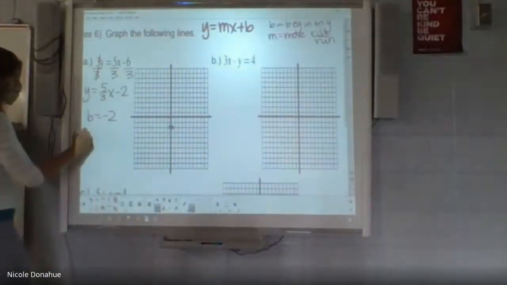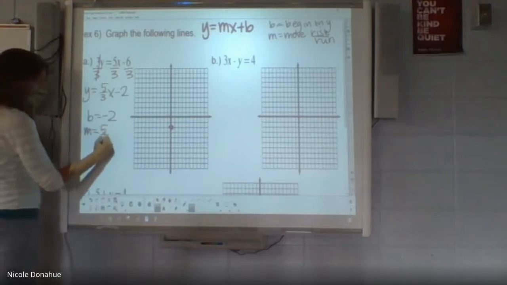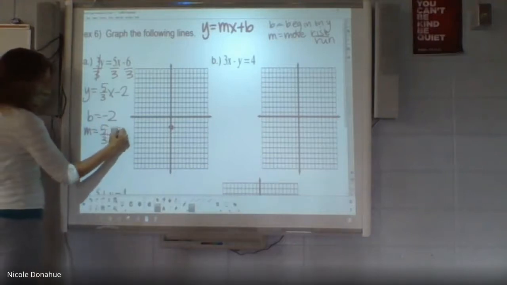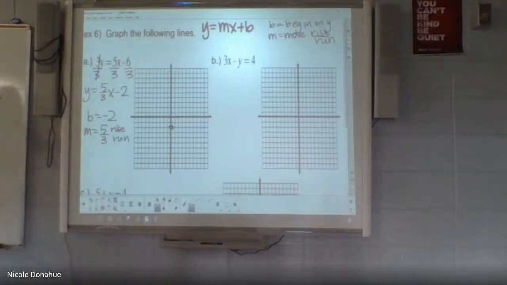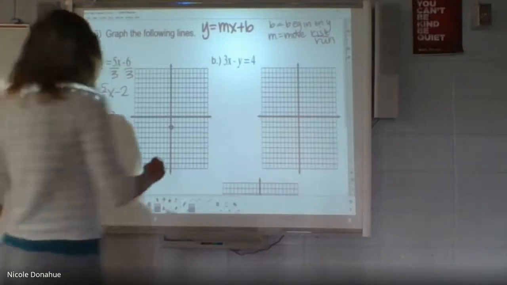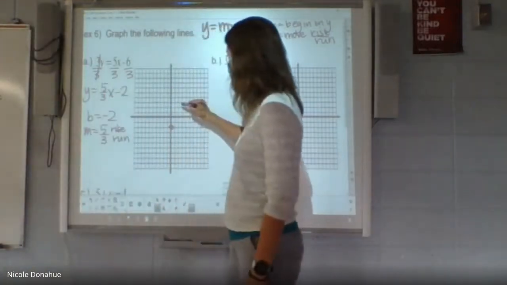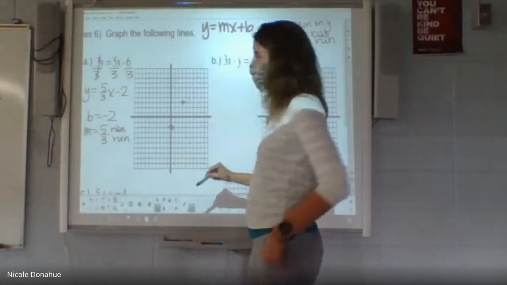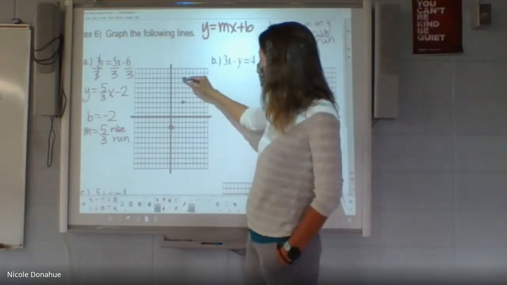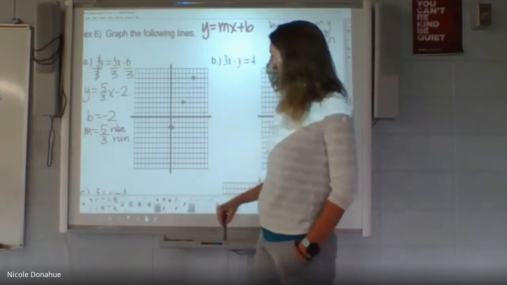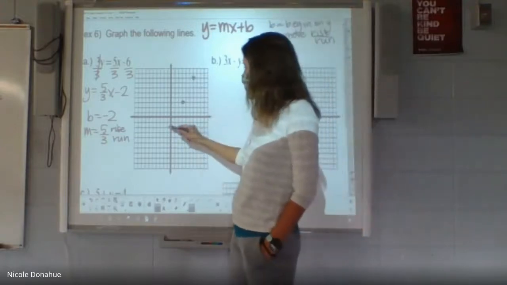So we're going to use 5/3 to move, using the rise over the run. From our -2, we're going to go up 5 and over 3. We can do that a few times, and then we can even reverse it.